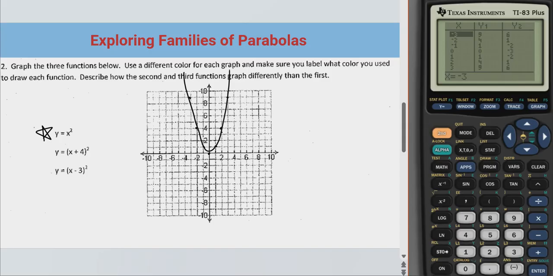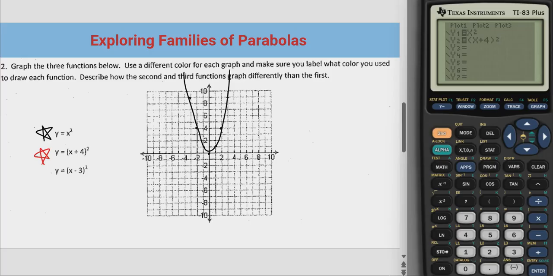Okay, now I have x plus 4 in parentheses and then squared. Right, now we can predict, since that plus or minus after we square moves our graph up and down vertically, we can probably assume that this plus 4 inside parentheses is going to move our graph horizontally, or side to side.